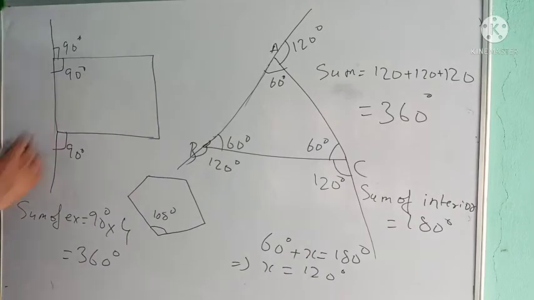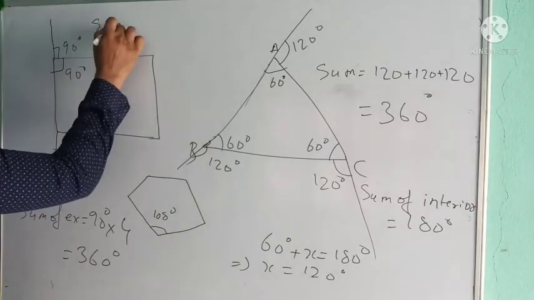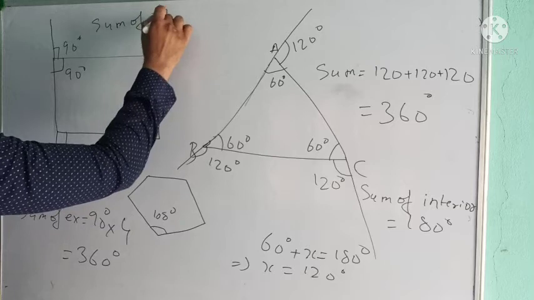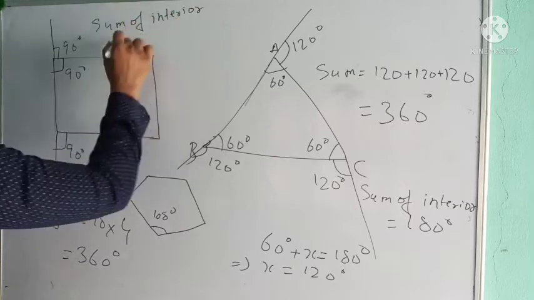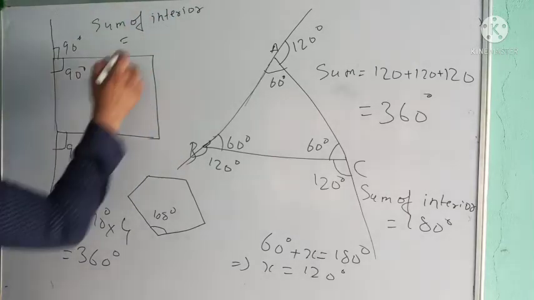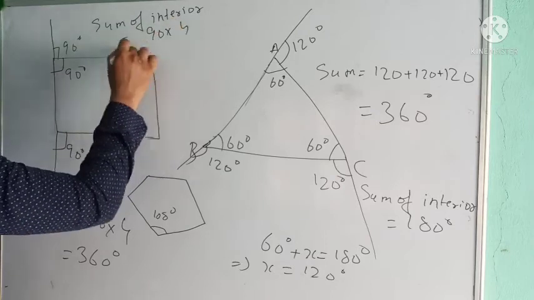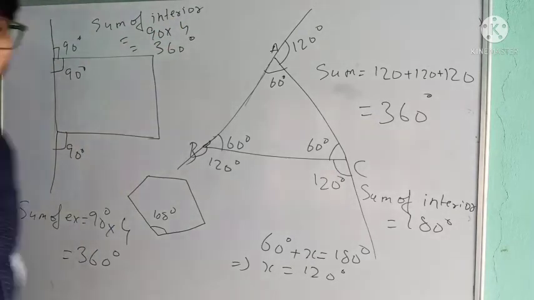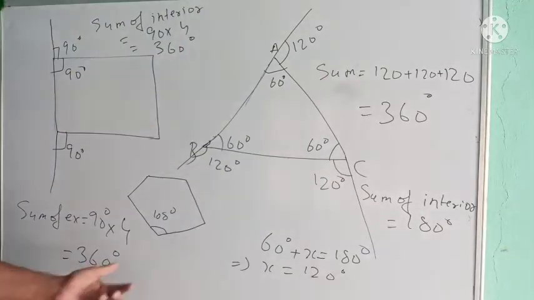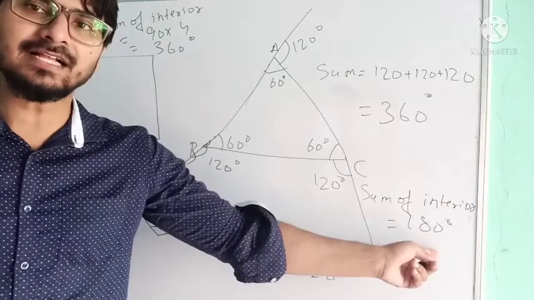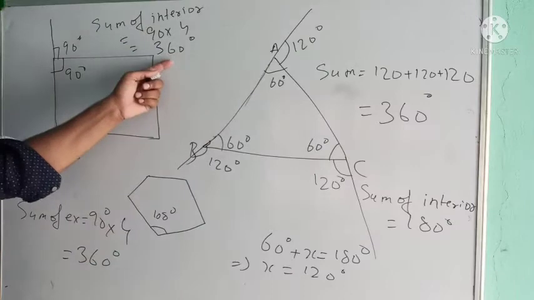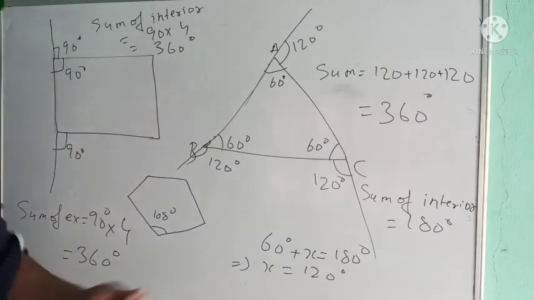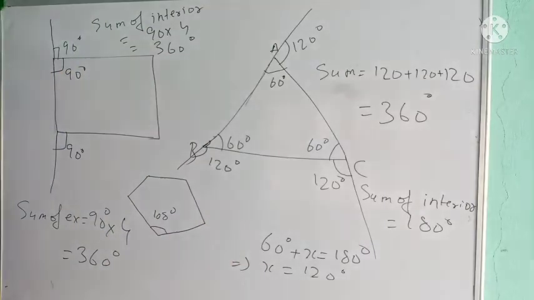The sum of interior angles here you get as 90 into 4, so you get 360 degrees. You can see that in the triangle the interior angle sum was 180, and here it has become 360. Now let's see this regular polygon.